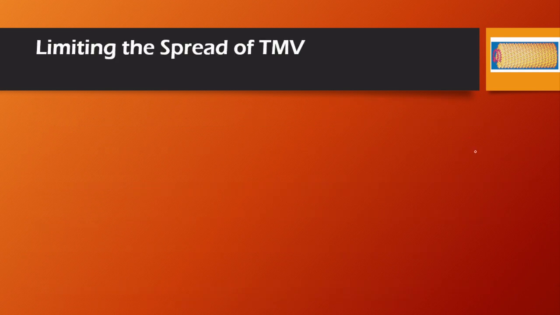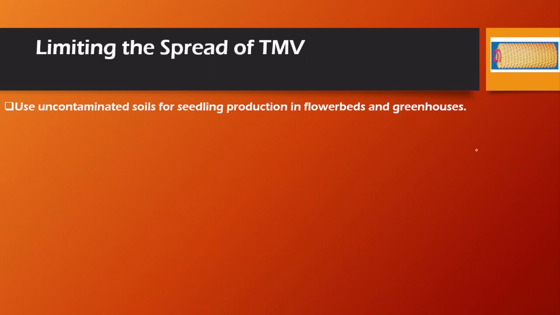How can we limit the spread of this virus? We should use uncontaminated soils for the production of seedlings. We prohibit smoking during the work because the tobacco present in cigarettes may be a source of this virus in the fields.